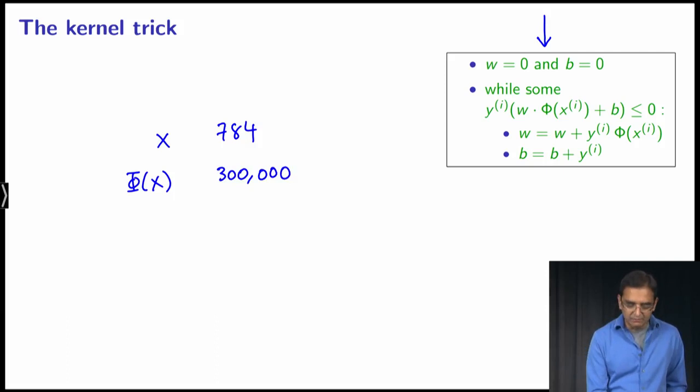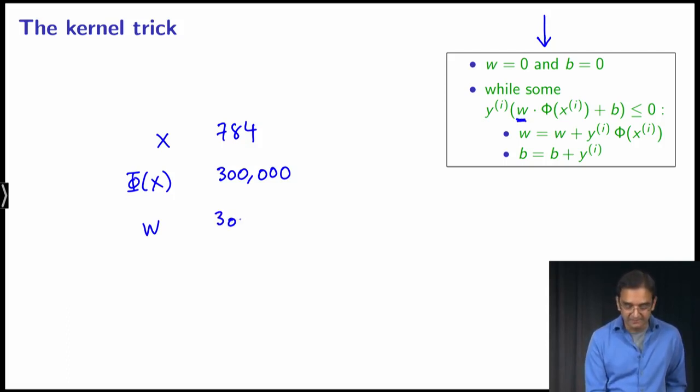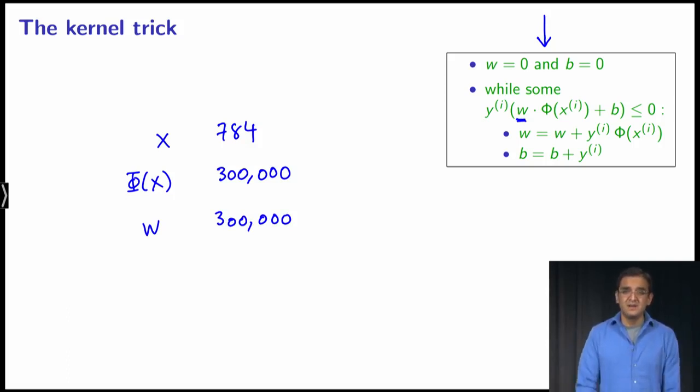What about W? Is W 784 dimensions or 300,000? Unfortunately, it's 300,000. Well, W is the final answer. We can't avoid writing that down, surely.